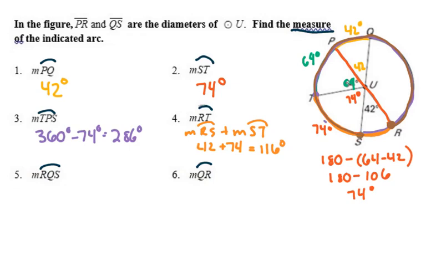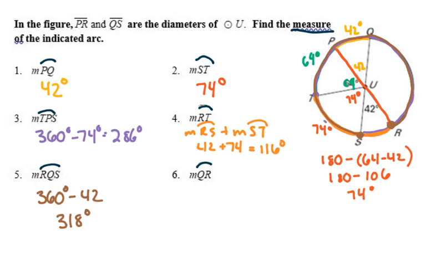The easiest way to find that major arc is to take 360 degrees and subtract the minor arc of SR, so minus 42. So we get 318 degrees.